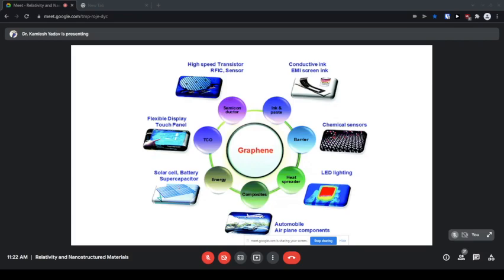You can apply it in solar cells, supercapacitors, batteries, LEDs, chemical sensors, screen sensors, automobiles and everywhere. You can make nanocomposites. You can even dope graphene with other materials, and modify or tune its properties as per our applications.